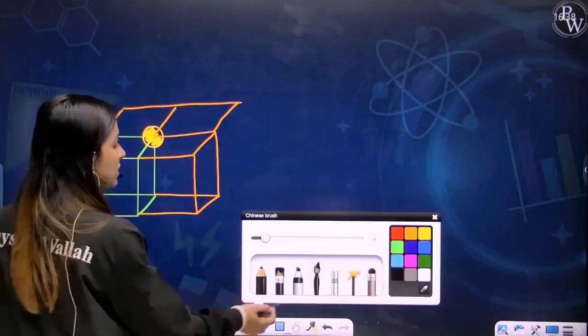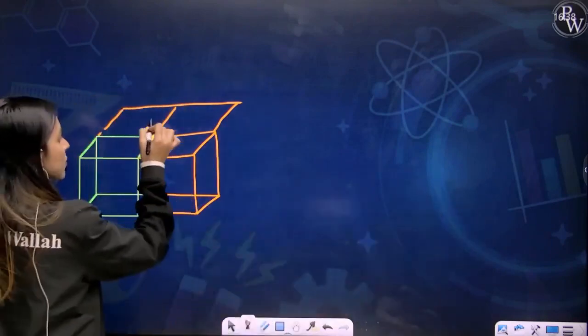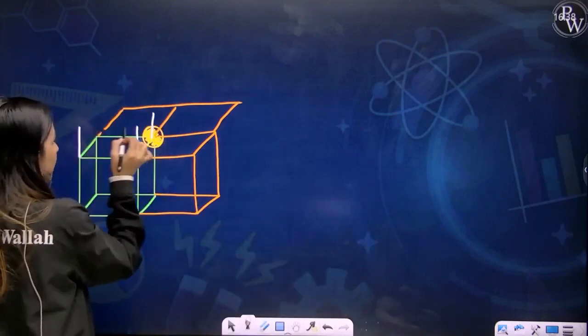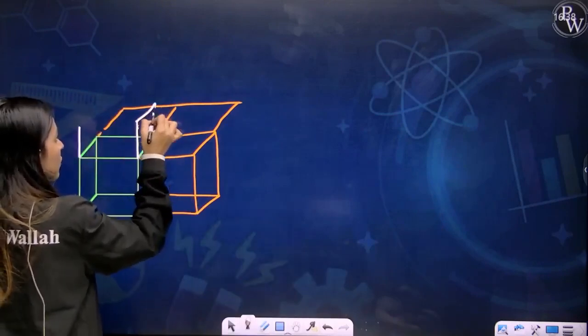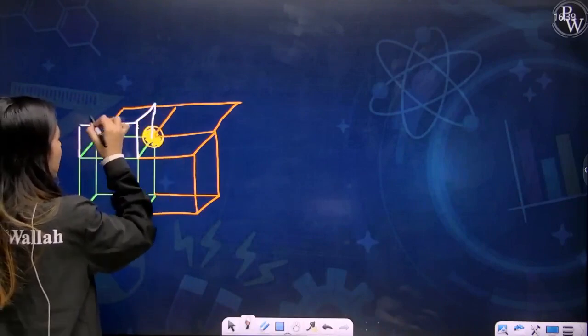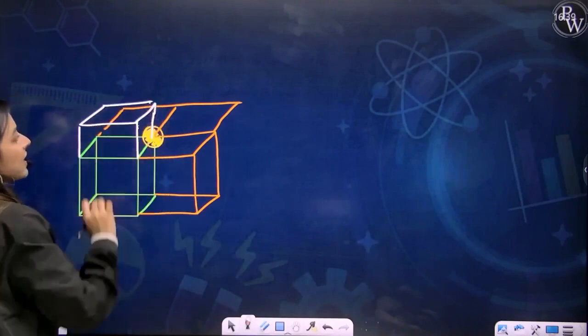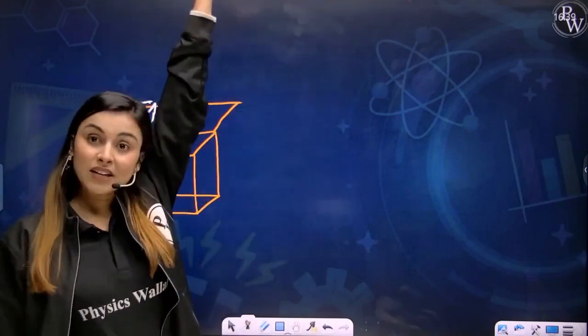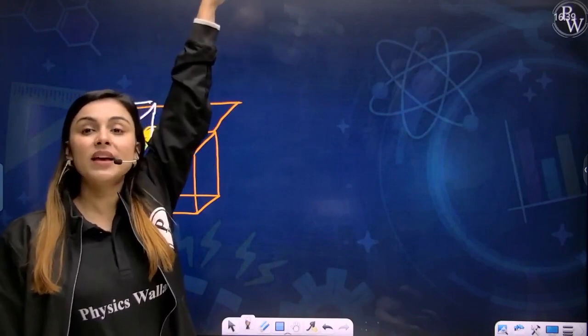Now imagine since it is a lattice point and 3-dimensional lattice point, my dear students, there will be some room above this particular unit cell as well. Yes, there will be a room above this room as well, and this corner atom will be in its corner as well.